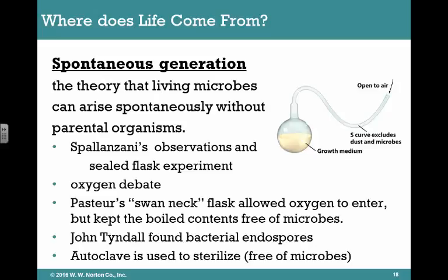With multicellular organisms, humans, it was clear that humans would mate and then have children, so humans came from humans. But what about these tiny newly discovered organisms? For many biologists, they believed that they just kind of magically appeared, that many organisms were able to spontaneously generate.